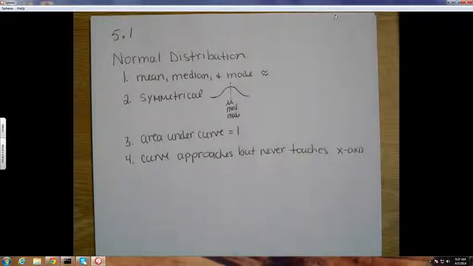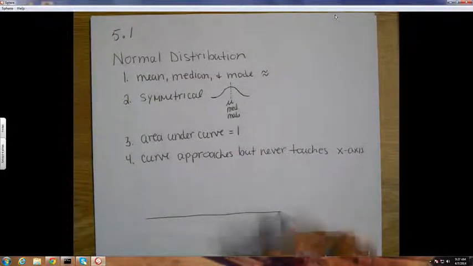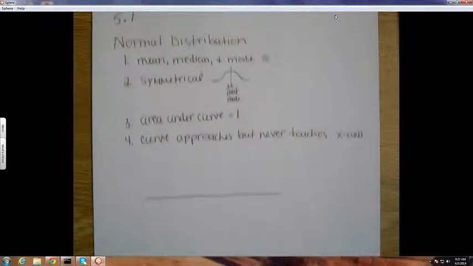So we are going to be looking at data that's all symmetrical. Okay, you'll be drawing this curve a lot.